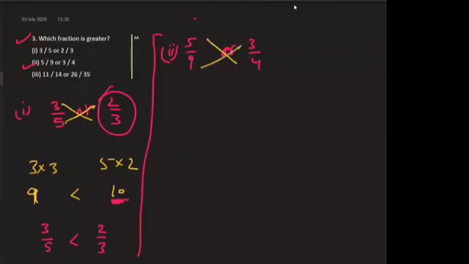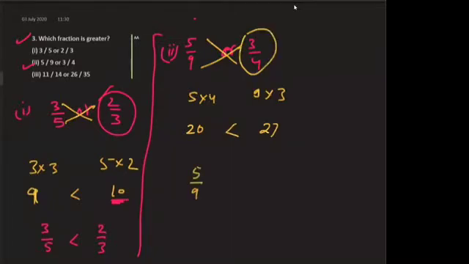Do cross multiply. 5 into 4 and 9 into 3. 5 4s are 20 and 9 3s are 27, and 27 is greater. That is why 3 upon 4 is greater. So we will write 5 upon 9 is lesser and 3 upon 4 is greater. Clear, students? Clear or not?